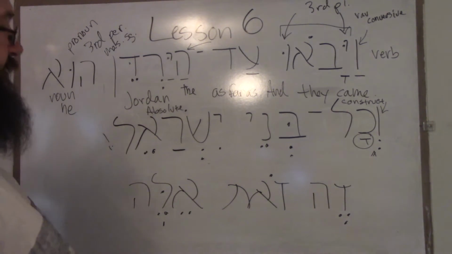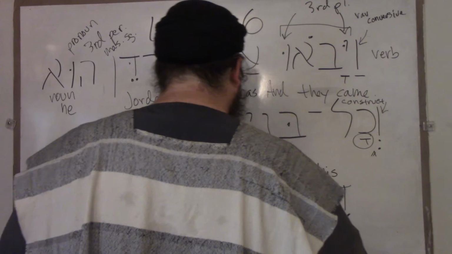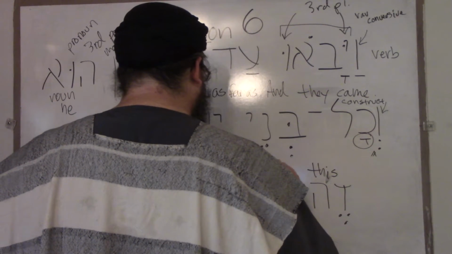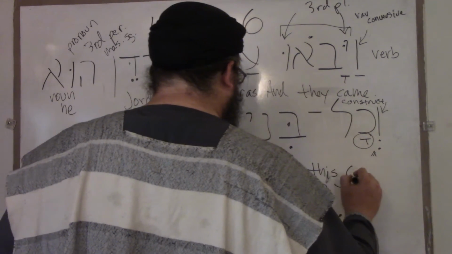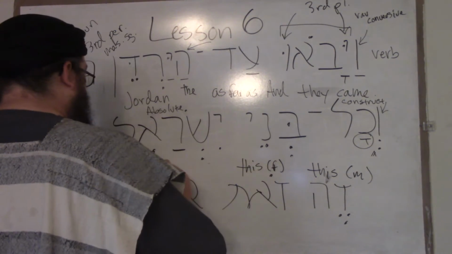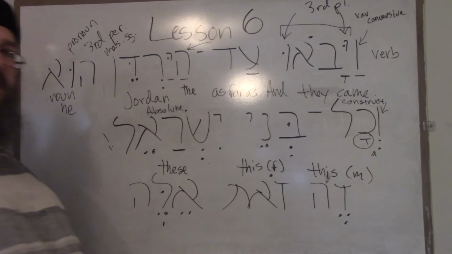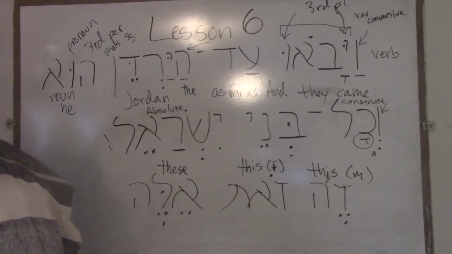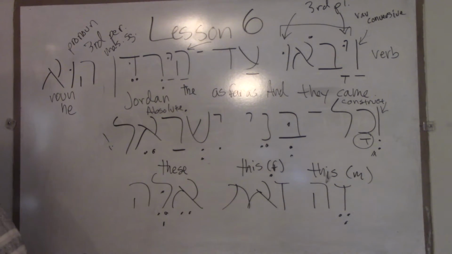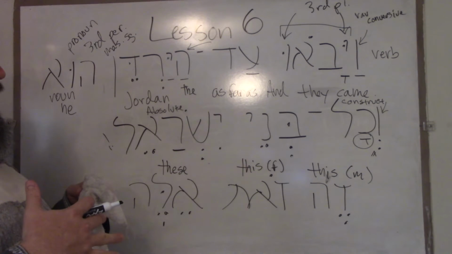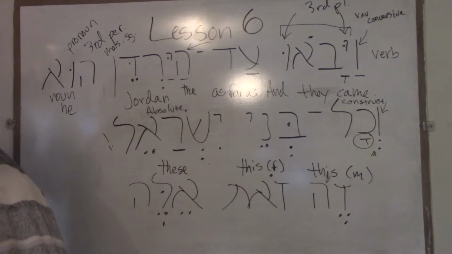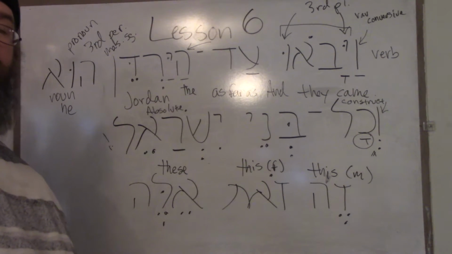Ze means this, for the masculine. Zot means this for the feminine. And ele means these for both masculine and feminine. Okay? So it's going to require the question of in what way am I going to be using these demonstrative pronouns? Okay?